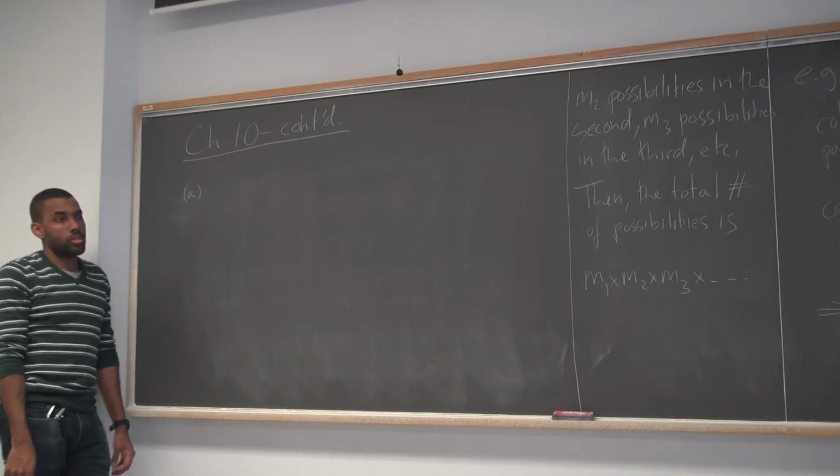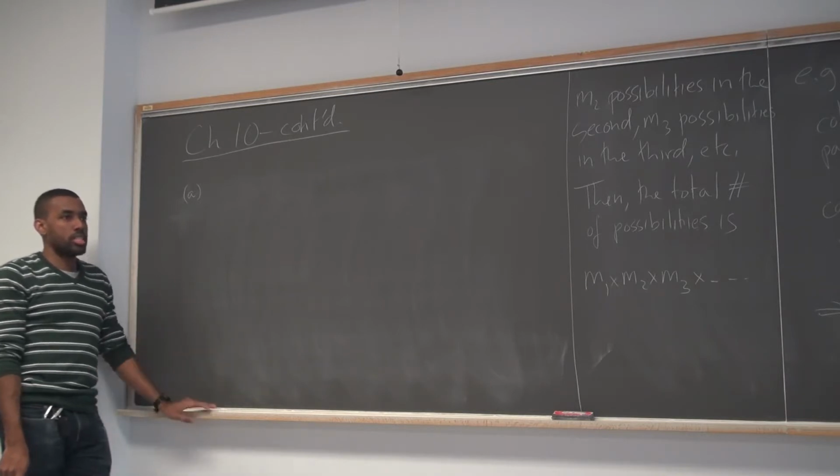Why 6? 2 different ways it can be, and then 3 times. Oh wait, that's 6. Don't forget the multiplication rule. What should you be multiplying? You should be multiplying the number of possibilities together at each stage.